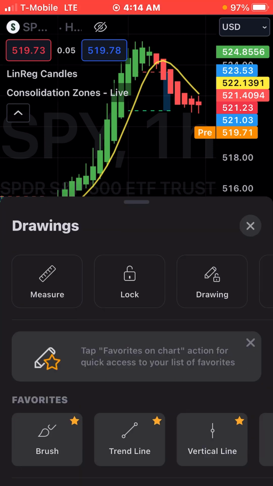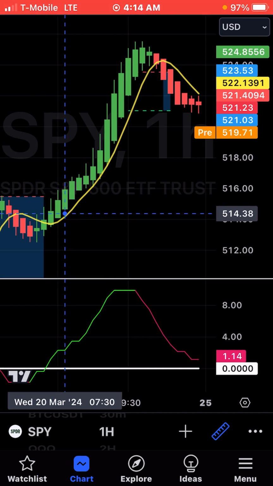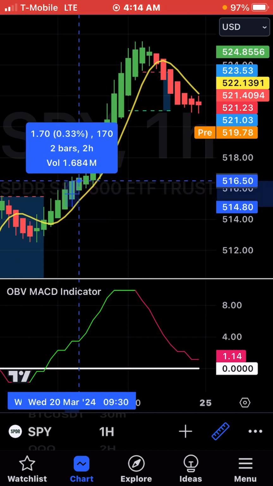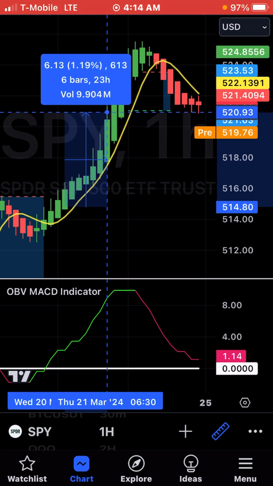So if we got in at this moment right here, where we see the candle passing through the linear line, if we got into a call at this point and just rode this out, you'd have to buy a contract at this point.